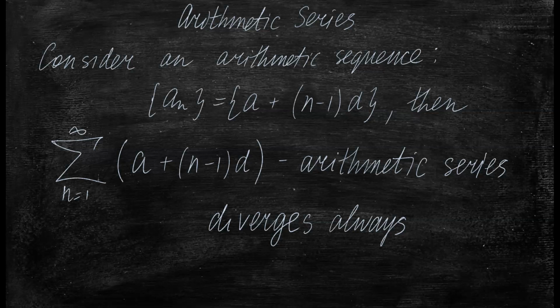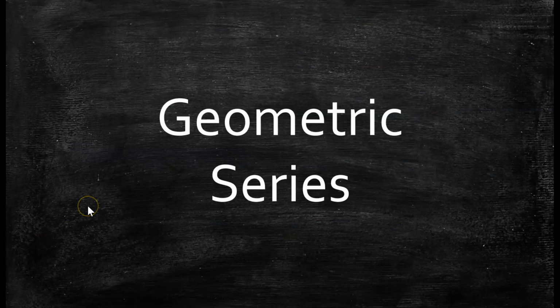For that reason, we are not interested in studying the arithmetic series, but only the geometric series. And this concludes the lesson about the geometric series. Hopefully you learned how to identify one and how to determine whether it converges or diverges based on the common ratio.